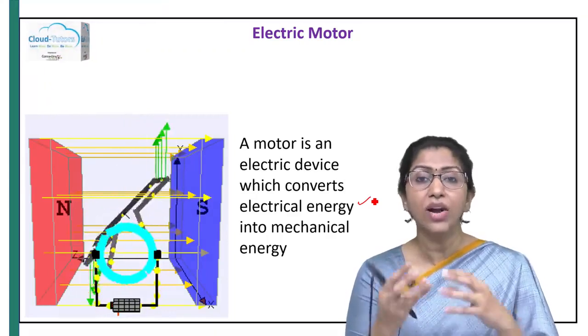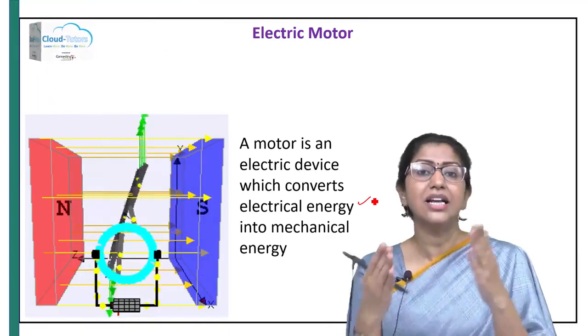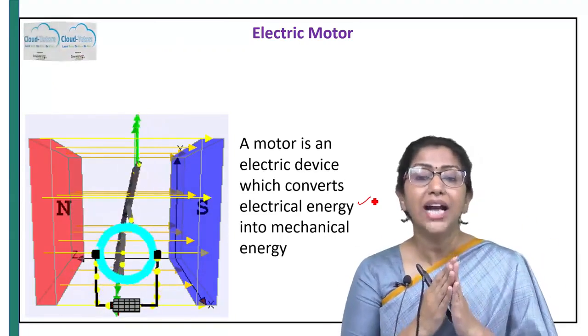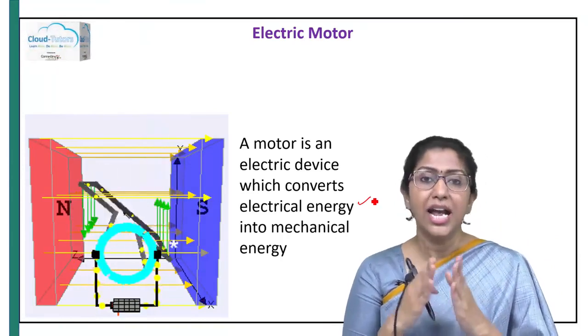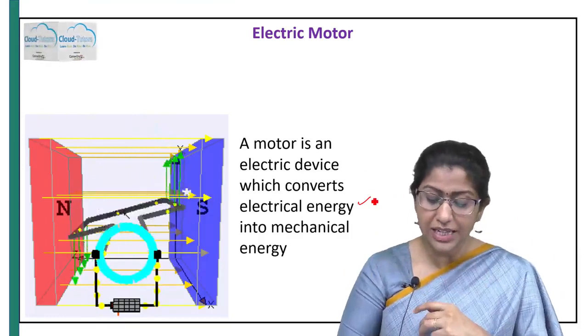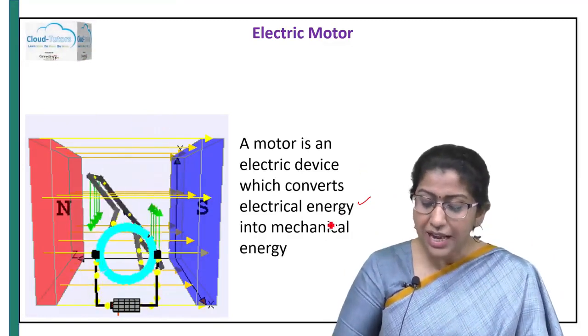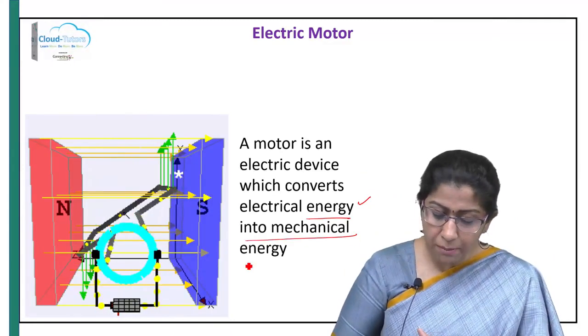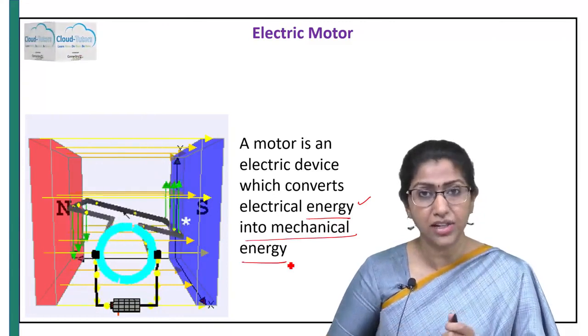Correct? So electrical energy is basically getting converted into mechanical energy. Hence, how do we define an electric motor? An electric motor is the device which converts electrical energy into mechanical energy.